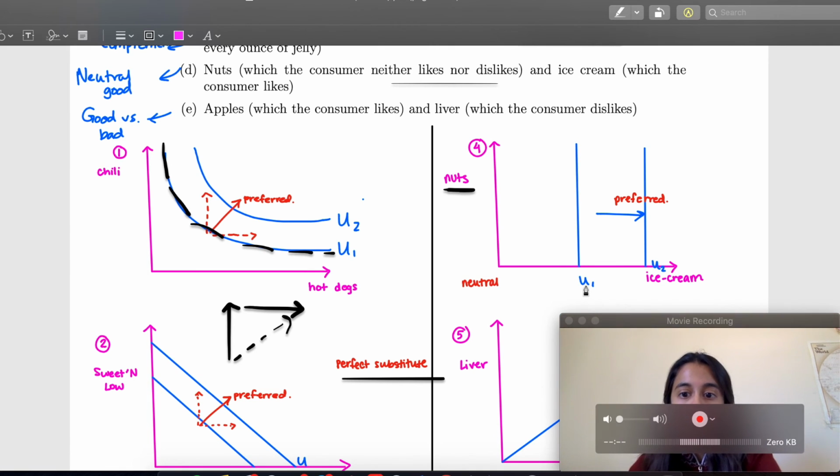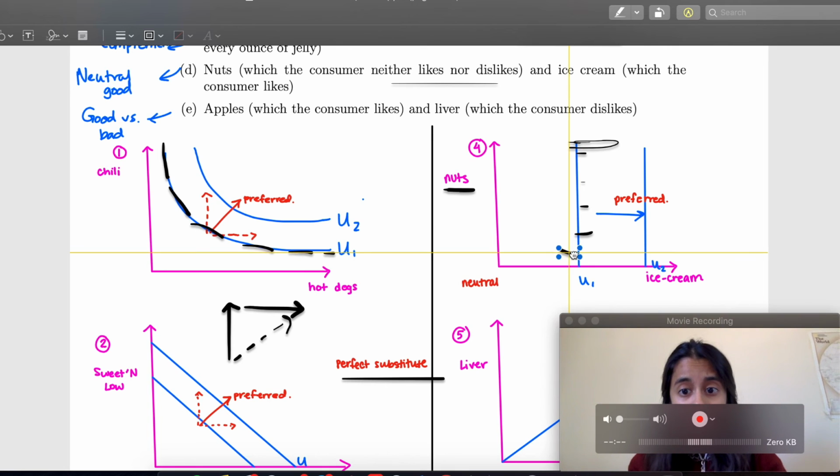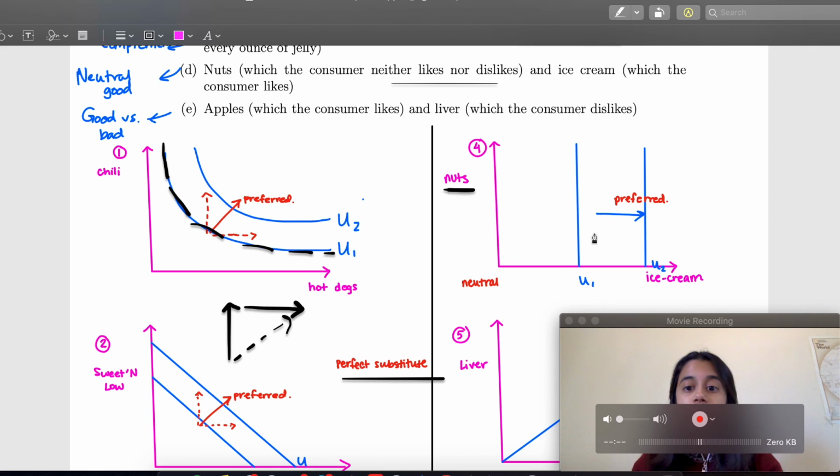No matter how much ice cream I have, I will not care about the quantity of nuts. I can have a lot of nuts or a little bit of nuts. That is the neutral good. And the preferred direction is only going to be to the right because I only care about a lot of ice cream. So that's the preference angle.